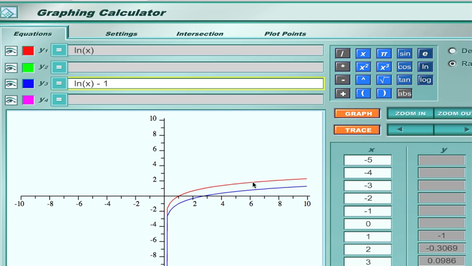This thing seems to be getting shallower and shallower in slope, and is it ever going to reach up to 10 or 100 or 1,000? And the answer is it does. It just does so at an exceedingly slow rate. So the range here is negative infinity to positive infinity. So that's the reading of the graphs and the domain and range.